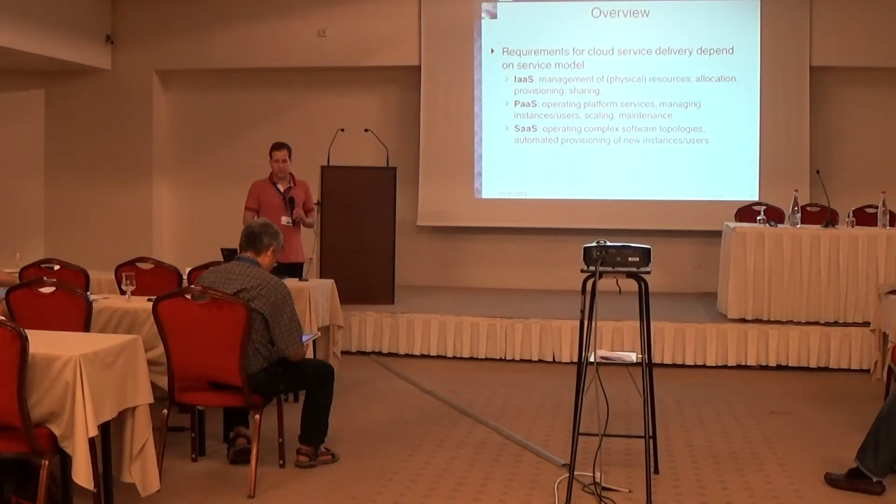So if you want to deploy infrastructure as a service components, of course you have to manage the physical infrastructure. If you want to offer platform components, you have to manage the instances of these services. You have to create users, you have to scale these services, you have to do maintenance to keep them running. For software as a service, you have to care about complex software topologies, which is where TOSCA comes in. You have to provision new instances.